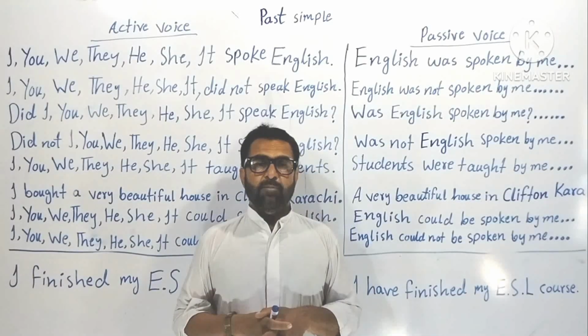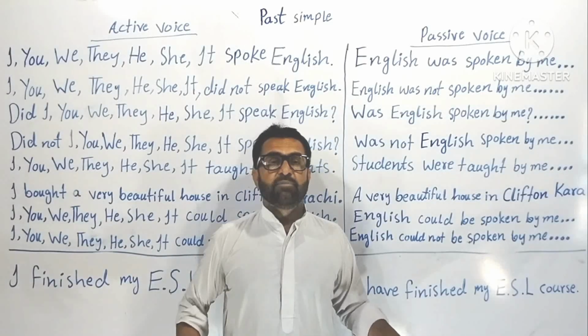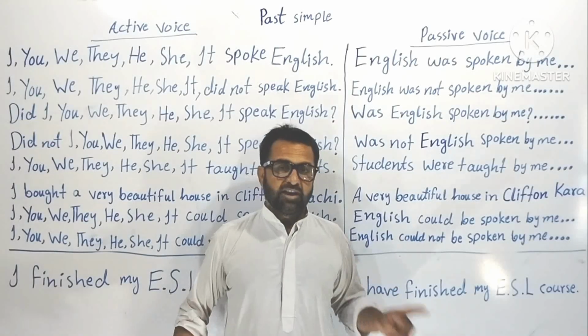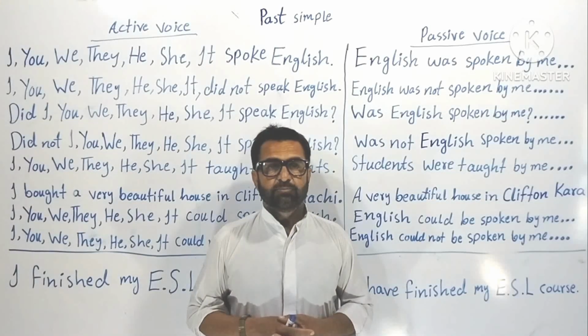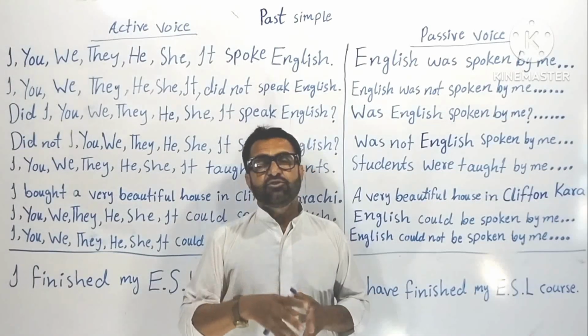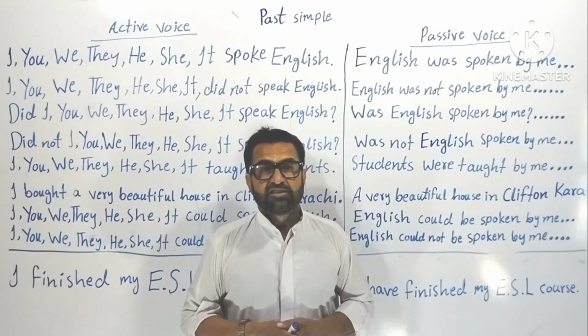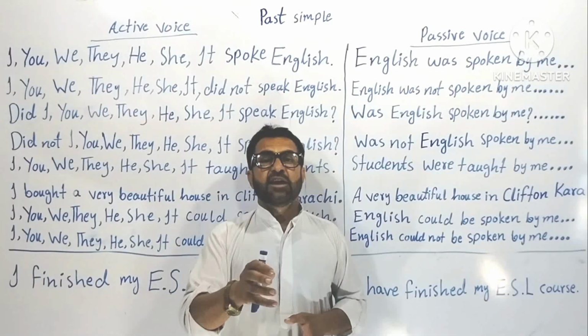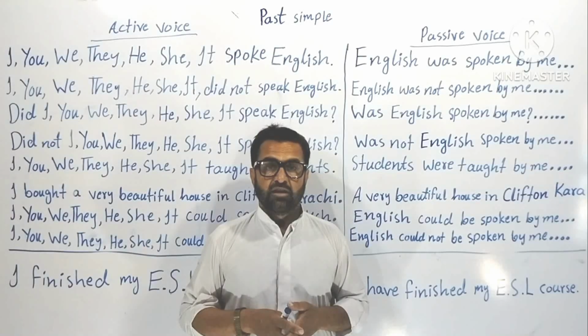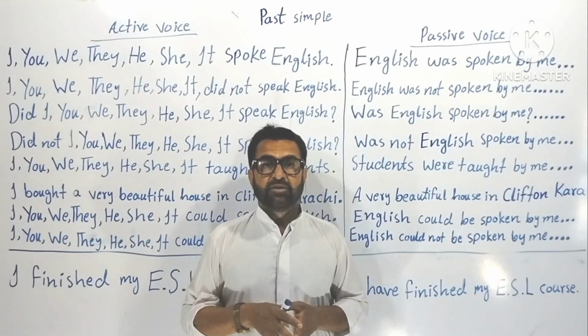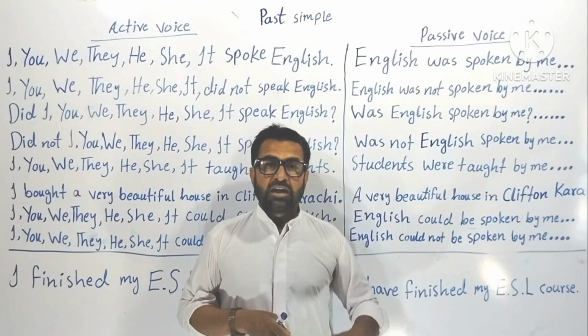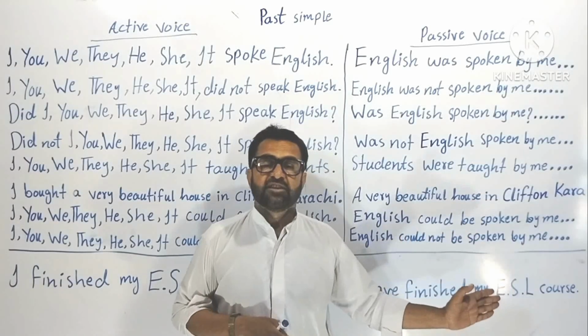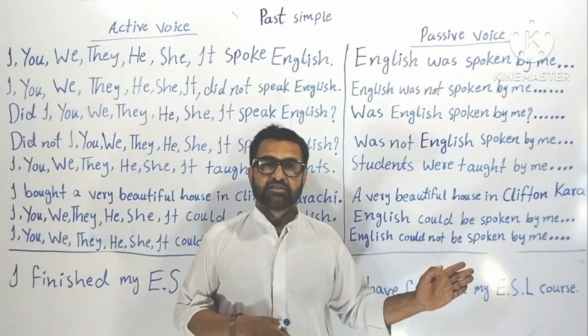Here we are talking about the difference between past simple and present perfect. Once again, past simple needs a specific time description, while present perfect does not need such things.